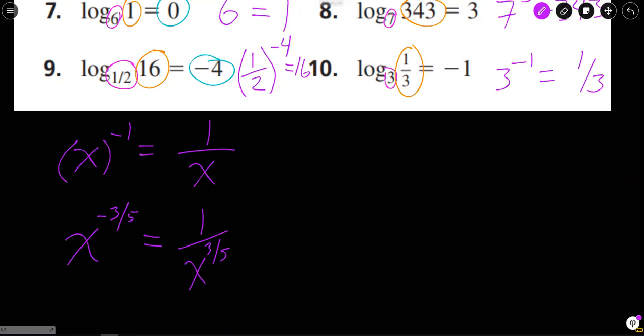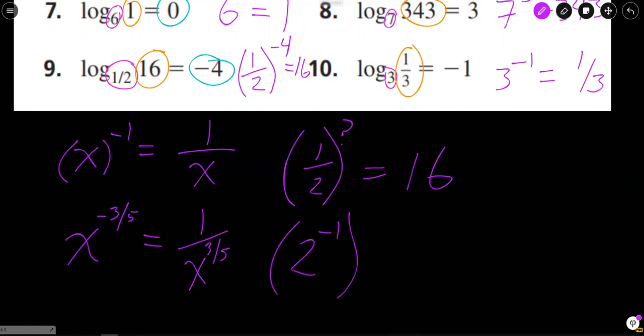Okay, so if I'm thinking about powers of 1/2 and I'm trying to get to 16, so 1/2 to the question mark equals 16. Well, I can turn that 1/2 into 2 to the negative first power, to the question mark power. And then I happen to know that 2 to the fourth power equals 16 already.